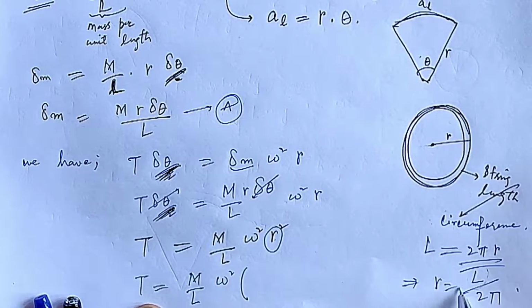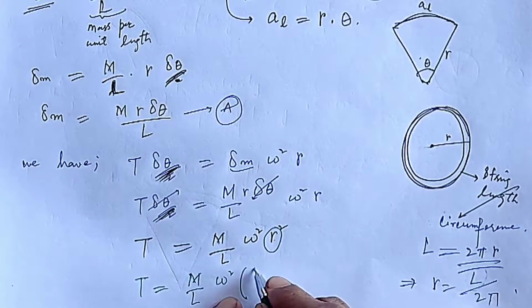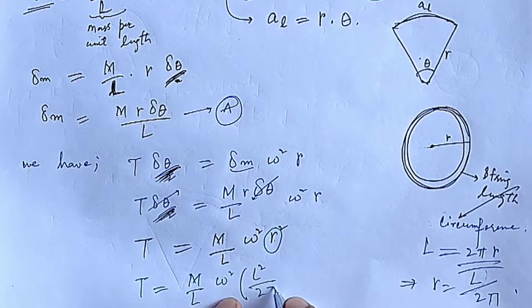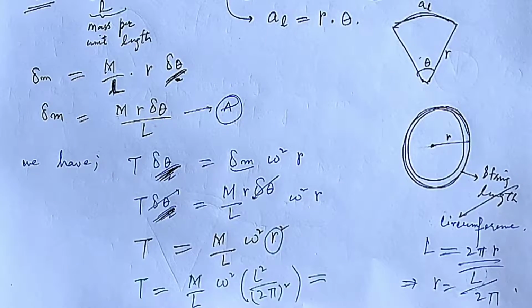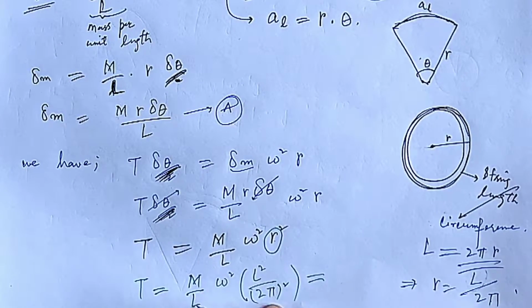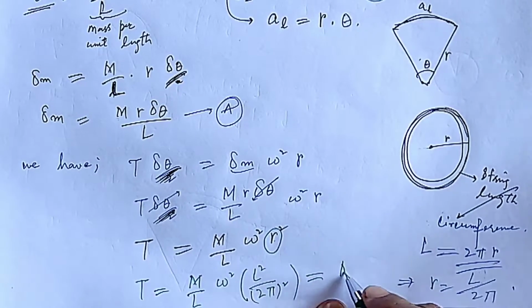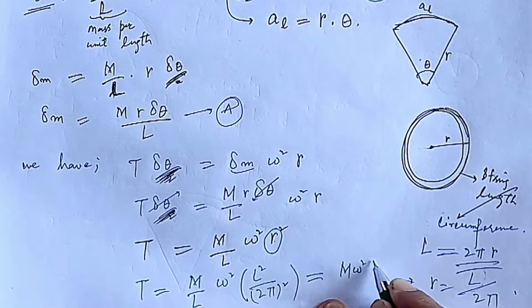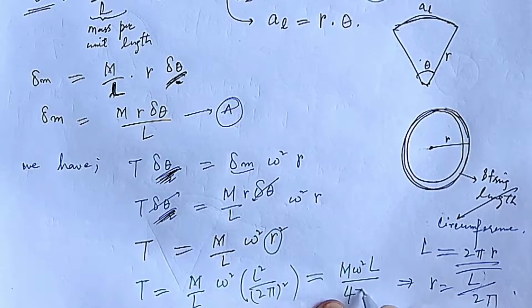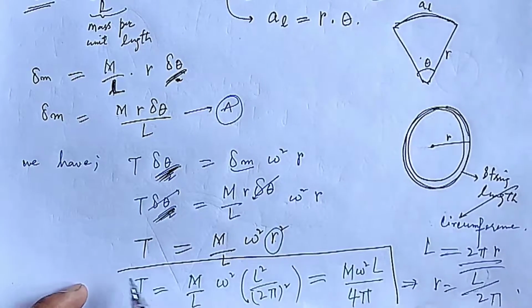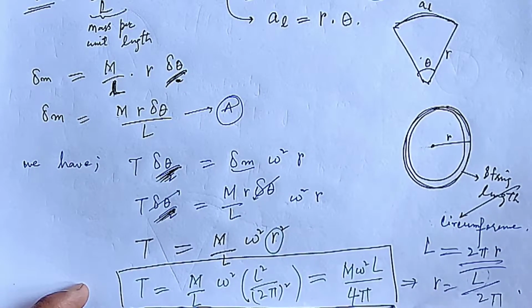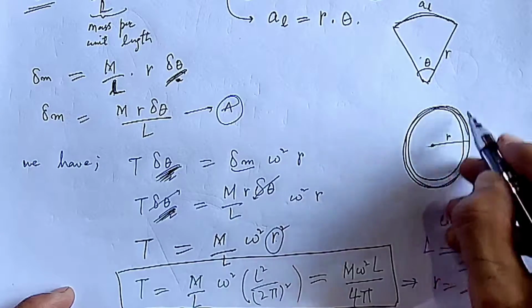R square here is L square by 4 pi square. And this will be equal to M divided by L omega square. L and L cancel, only one L remains, divided by 4 pi square. That is M omega square L divided by 4 pi square. This will be the tension caused inside the string onto this very pulley.